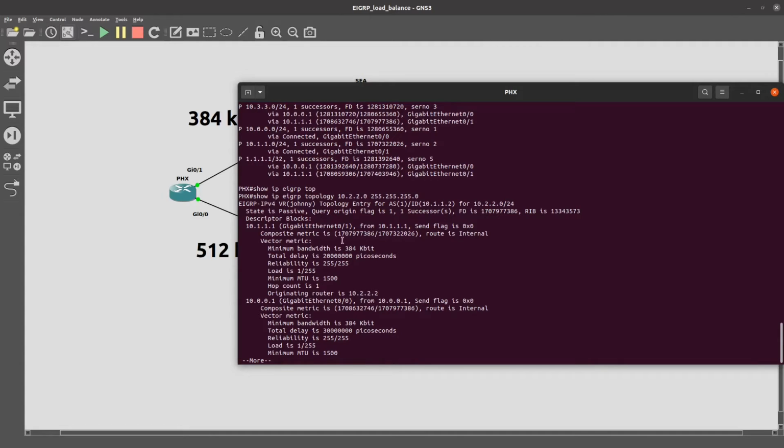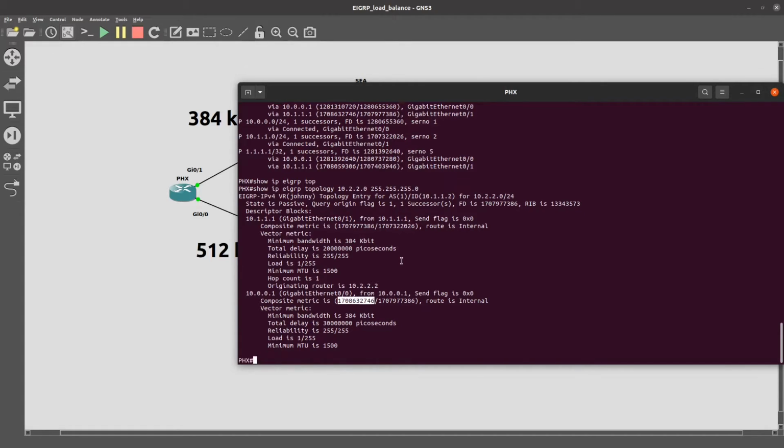So what we're going to do is take this feasible distance and divide it by this feasible distance, okay? So let's get our calculators out. I'll use my calculator on my actual computer. Just grab it real quick.